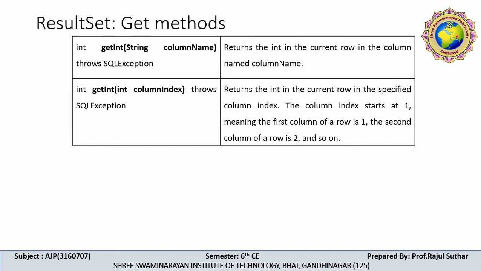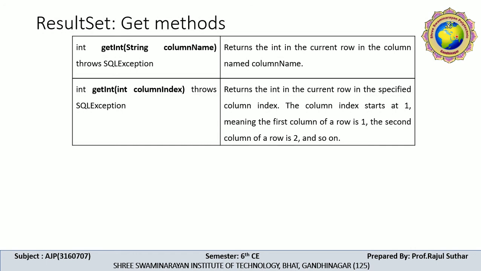Int getInt(String columnName) throws SQLException returns the integer in the current row in the column with that name. getInt(int columnIndex) returns the integer in the current row at the specified column index. The column index starts at 1, meaning the first column of the row is 1, the second column is 2, and so on.